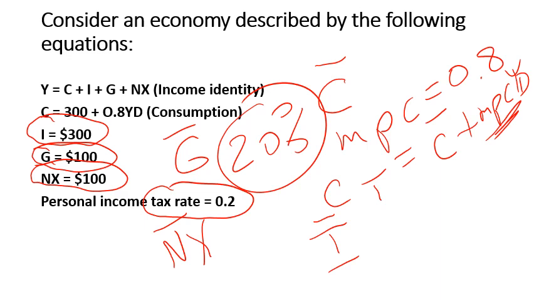And one more thing, AE, what is AE? With a doohickey on top, that represents autonomous aggregate expenditures. AE is aggregate expenditures or total spending. What is total spending?